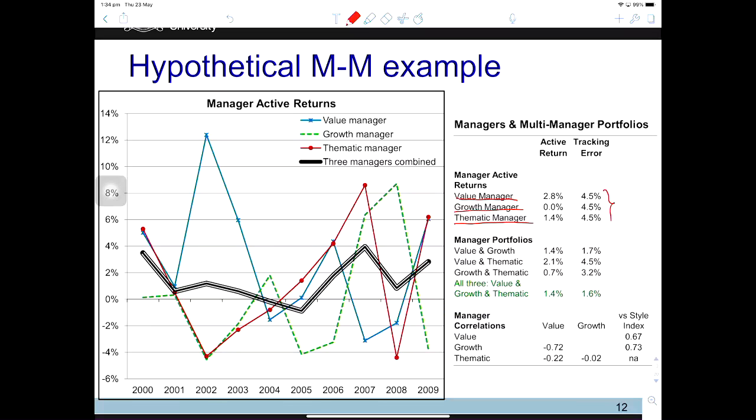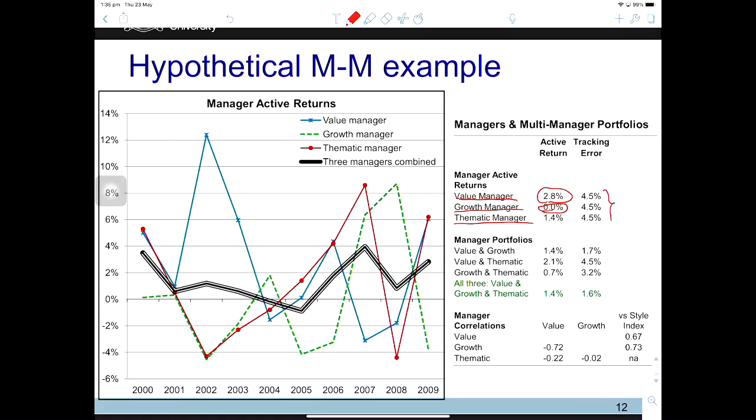So if we allocate all of our equity funds to one of these managers, we're going to have quite a large swing of excess return, as low as 0% and as high as 2.8%. And they generate the same level of tracking error. That's what you will probably observe on the graph on the left.